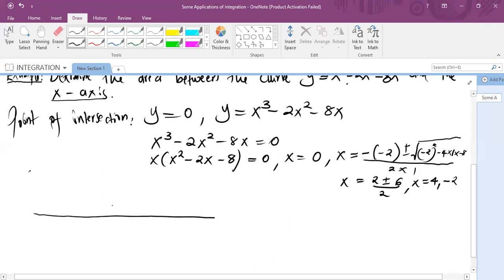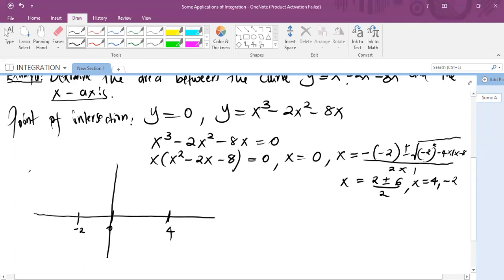So this is our x-axis. Let's say our x is equal to 0 is at this point. Then we also have a point of intersection at x is equal to minus 2, so let's have it as minus 2. And we also have it at x is equal to 4, so let's have this point here as 4.